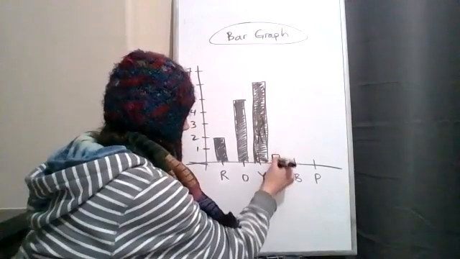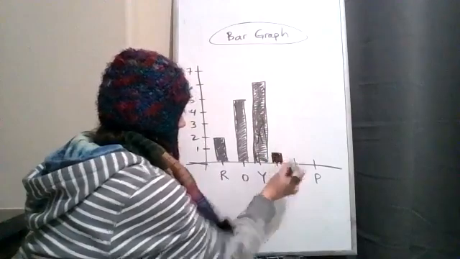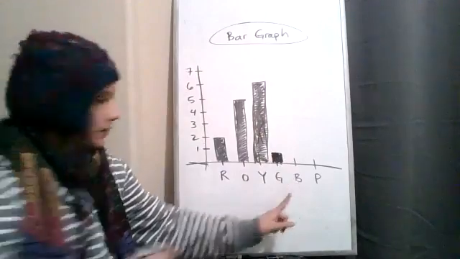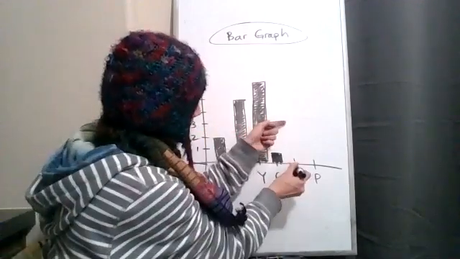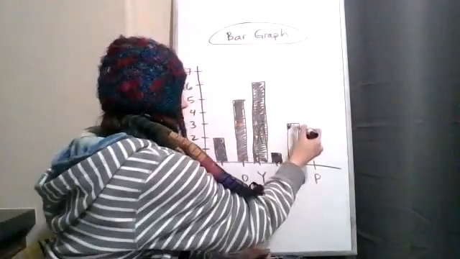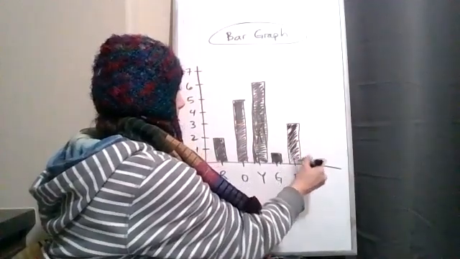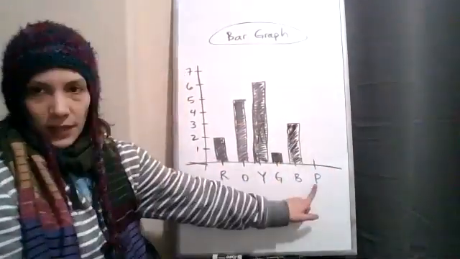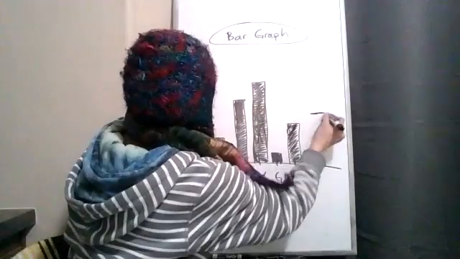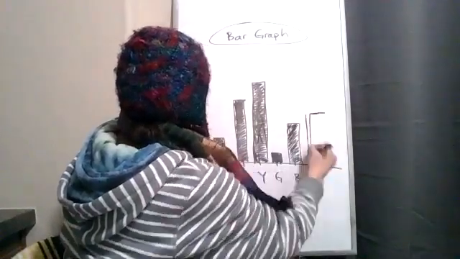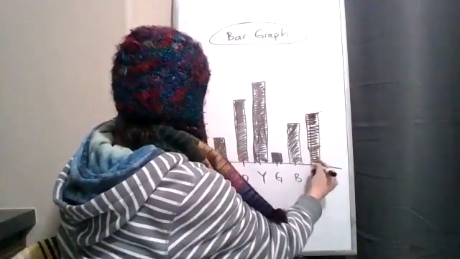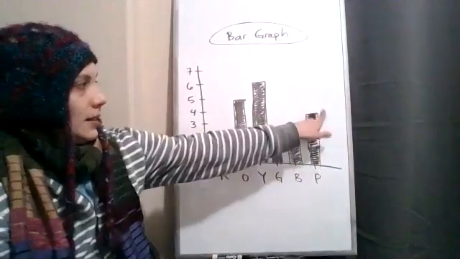Little guy right here. Blue goes up to a height of 3, as best as you can sketch. And then the last one, purple, height 4. That's your graph.